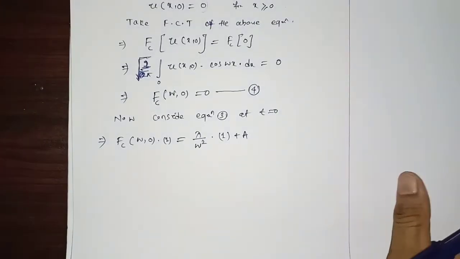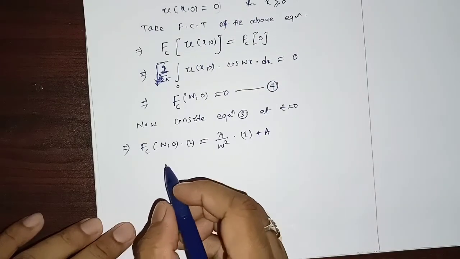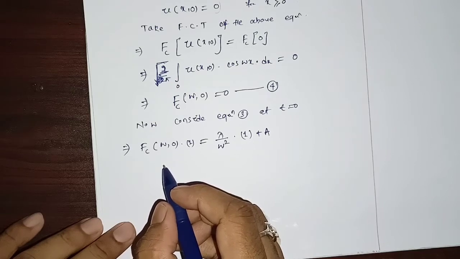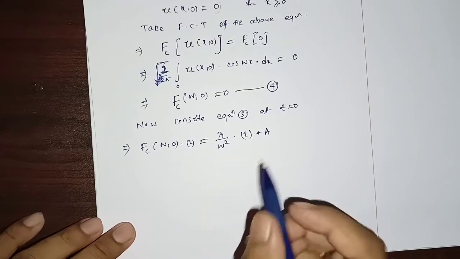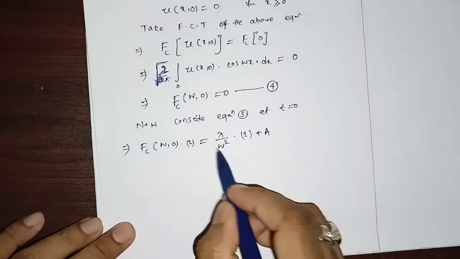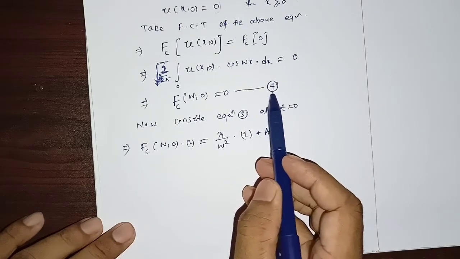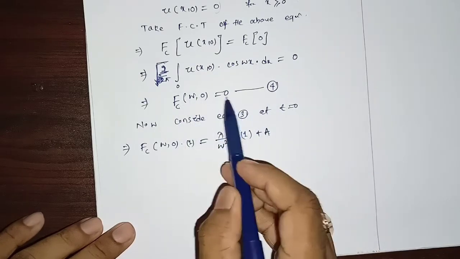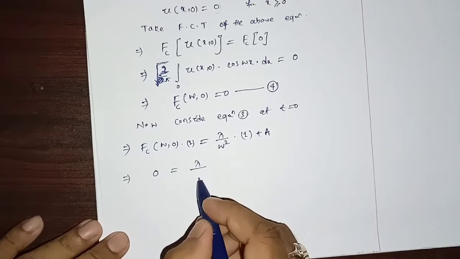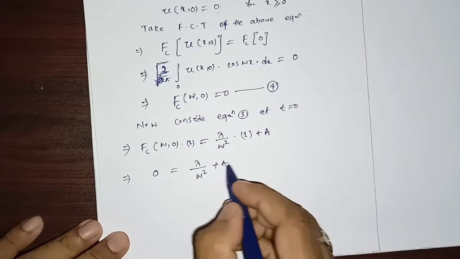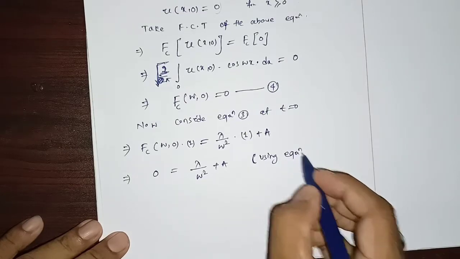So from this expression we can find that a equals minus this much. Why? Just consider equation number 4. This value equals 0. So that implies 0 equals λ by ω² plus a, using equation number 4.